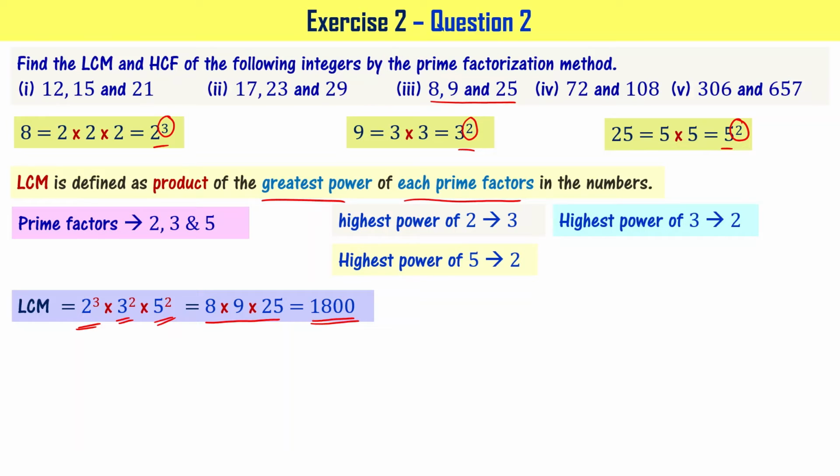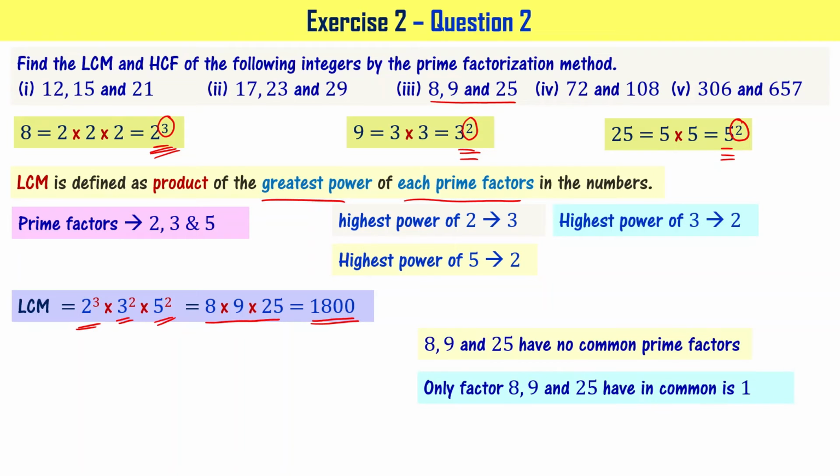Got it? When you look at the prime factors, you see that there is no common prime factor, right? Here only we have 2, here we have 3, here we have 5. Since there are no common prime factors, what we have to see is the common factor. Here we are talking about common prime factors.